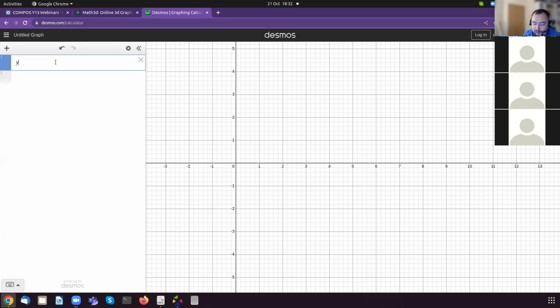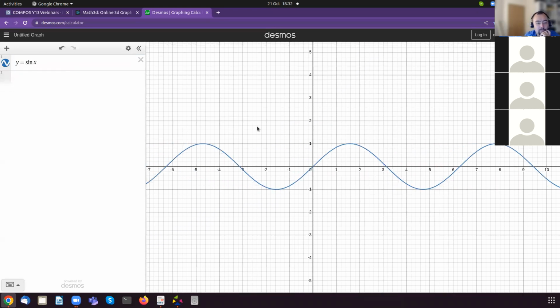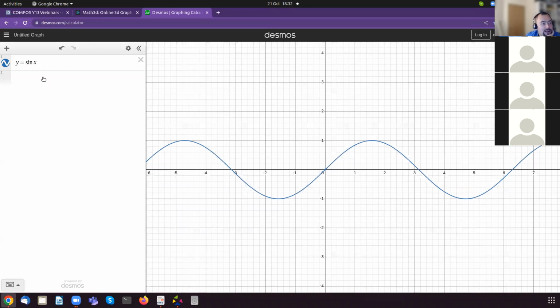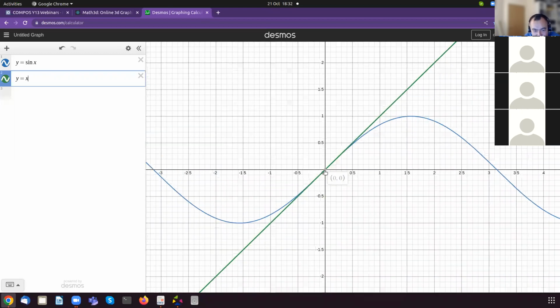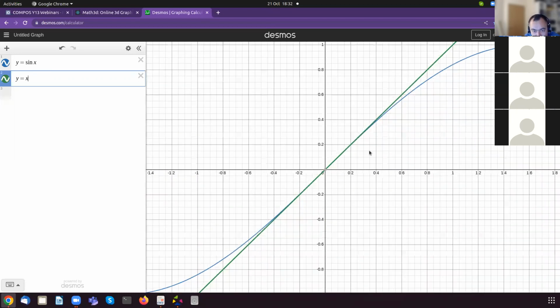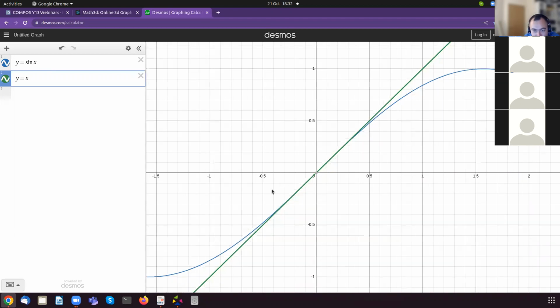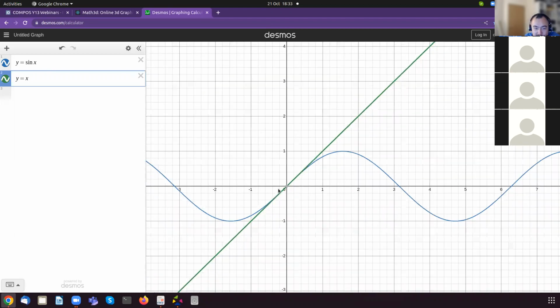Let's draw y equals sine x. And now we have y equals x. Look, for small values of x, indeed, they are very close. But you can make that better.